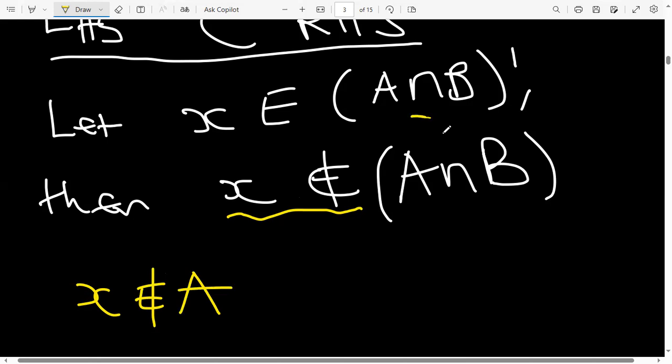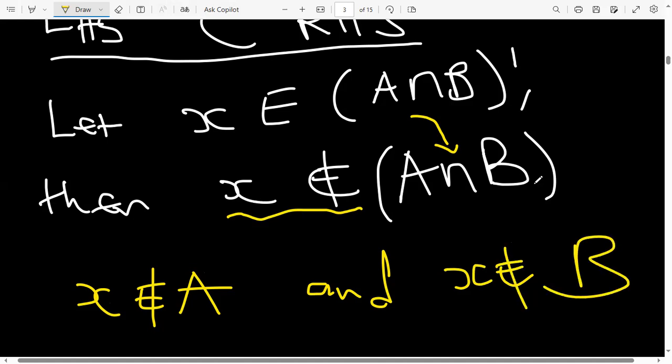And then this intersection sign here, we said the intersection goes with and. So we write this intersection in words, and intersection in words means and. Where there's this intersection symbol, I've put and, and then I'll multiply this now by B. So X is not in A and X is not in B. That's what we get from this expression here.